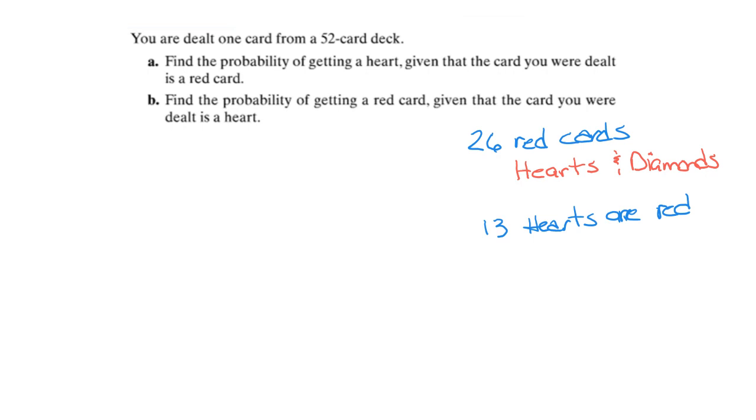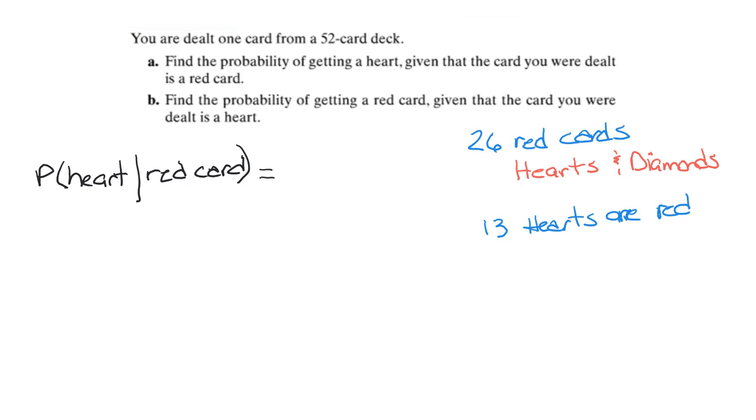All right, so let's look at that first probability. Find the probability of getting a heart. The probability of a heart, given that, there's my vertical line, given that you were dealt a red card. Given that you have a red card. So your limitation on here is that you have a red card.